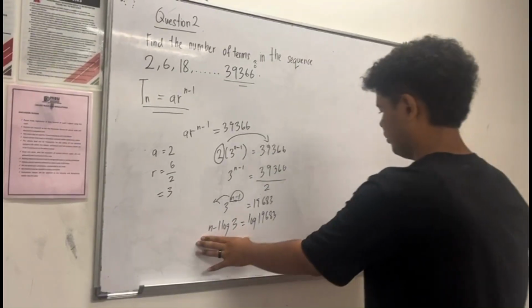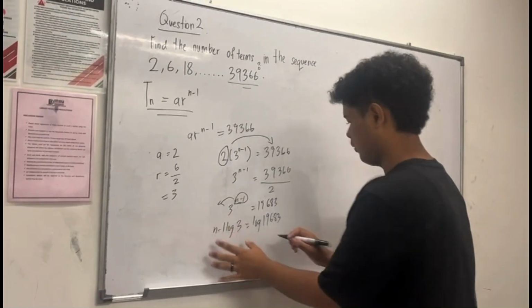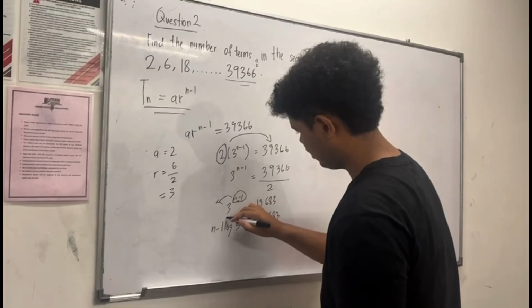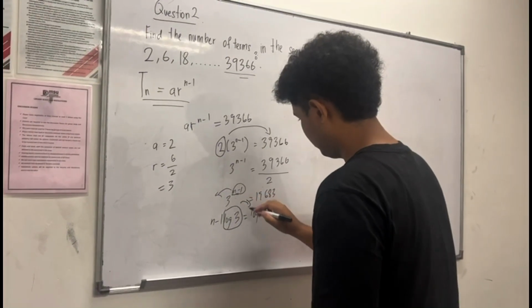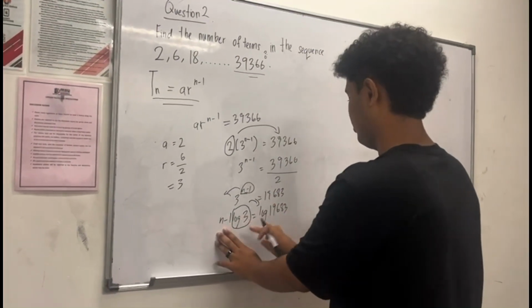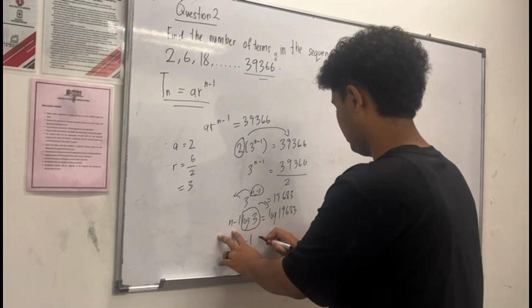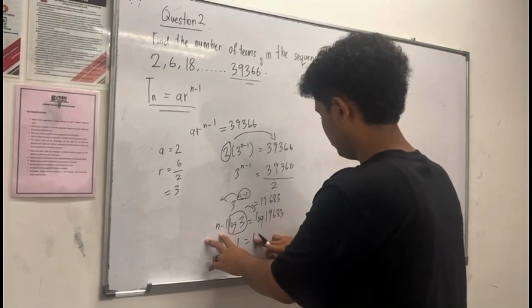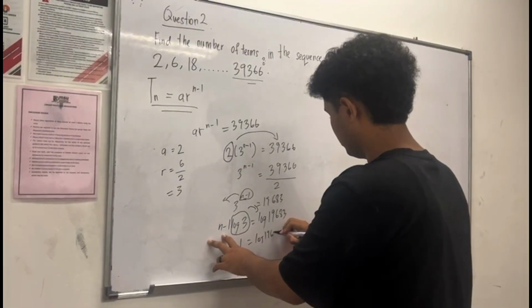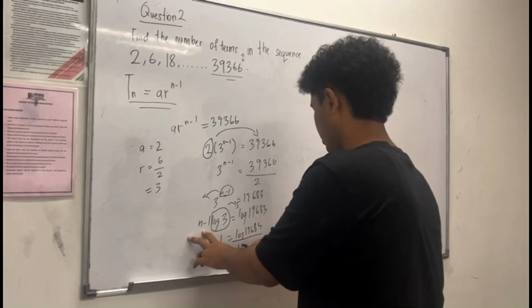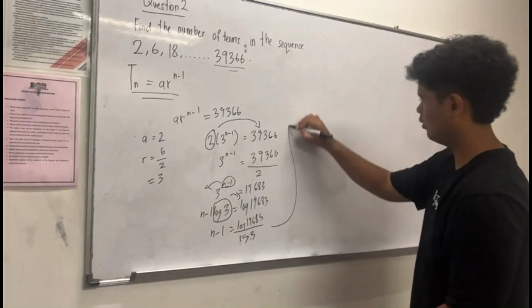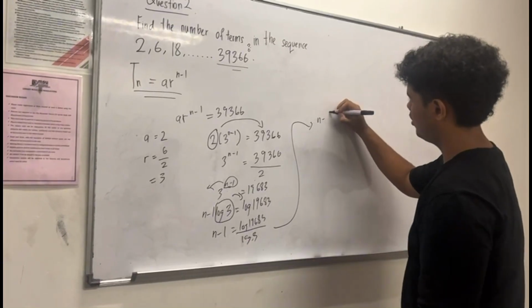When we write this, it is easy to solve. We bring this to the other side by dividing, so n minus 1 equals log 19,683 divided by log 3. Like this, the answer will be n minus 1.